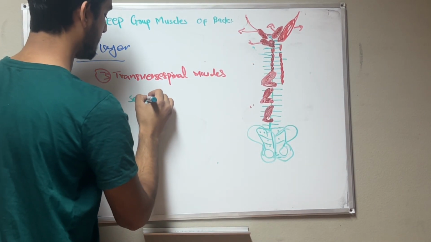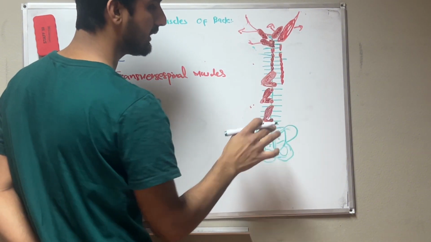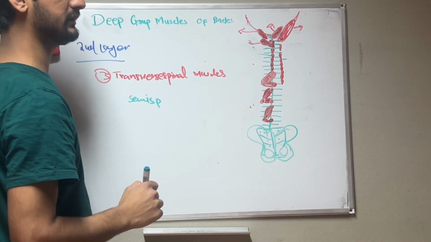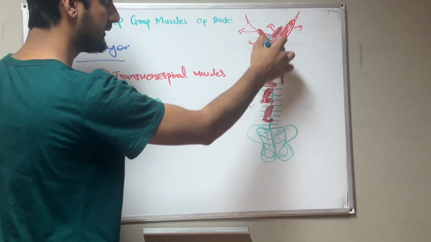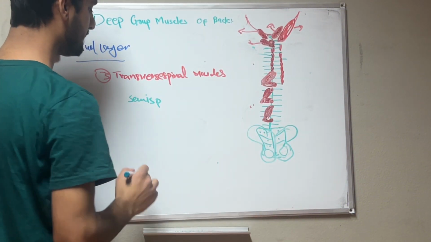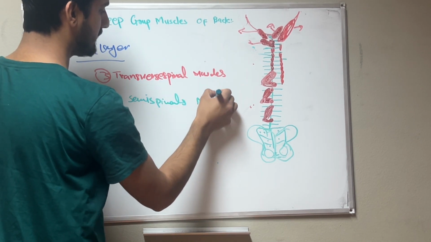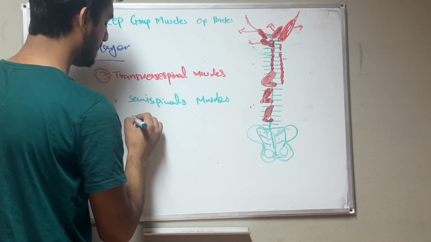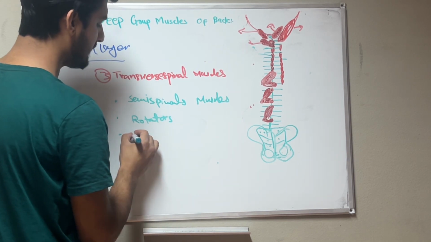Semispinalis fills the space between the spinous process and the transverse process of the vertebra, from the head to the sacrum region. Then we have the next muscles, the rotator muscle, and then the multifidus muscle.